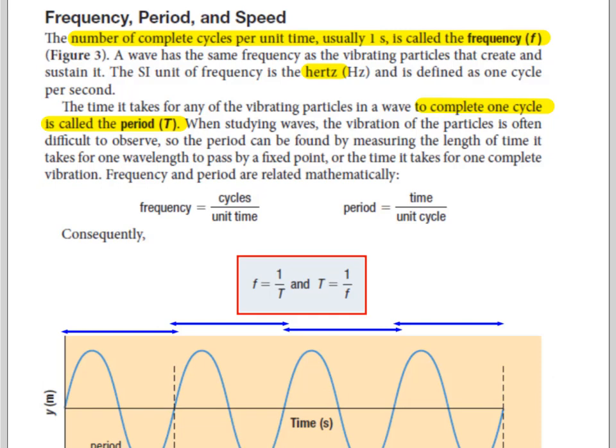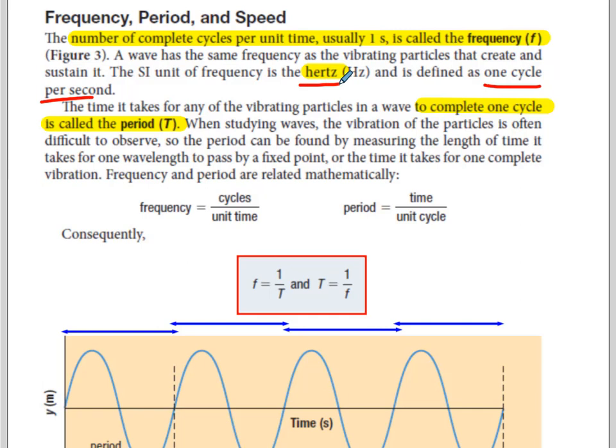Okay, so frequency, period, and speed. The first word we want to address is frequency. This is one of those big words. You need to write it down, and you need to know the units. It's one of the fundamental things we have to know when we talk about waves. Frequency is the number of complete cycles over a unit time. Normally it's over a second, so we say cycles per second, and that has a unit called hertz.